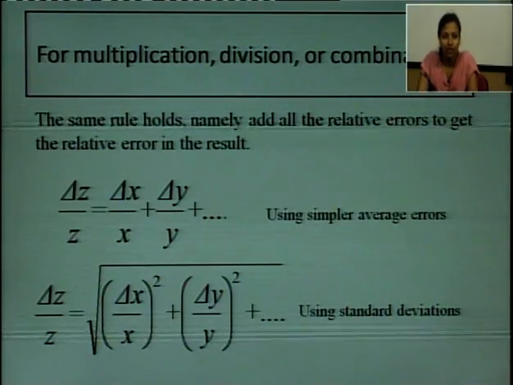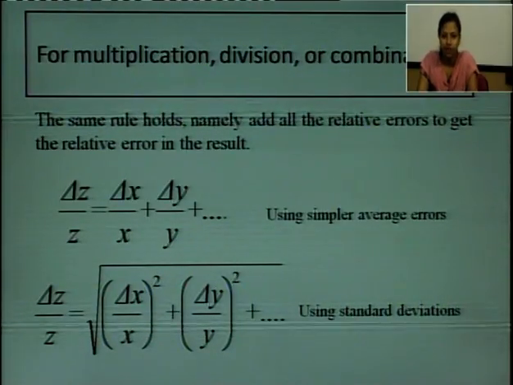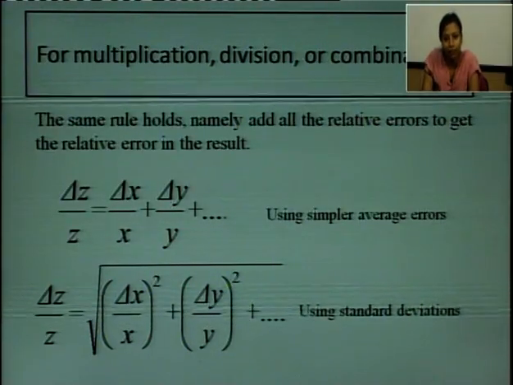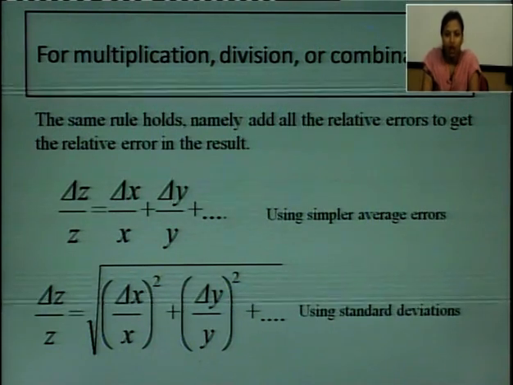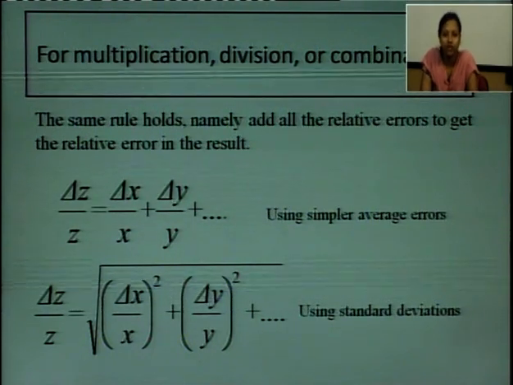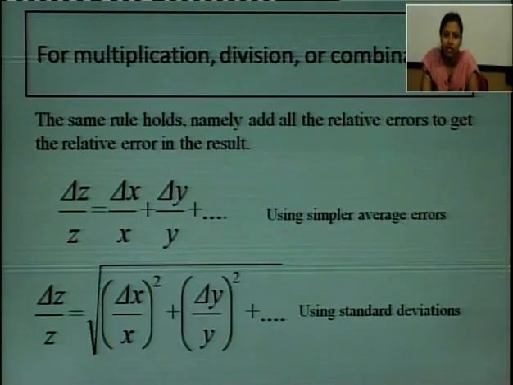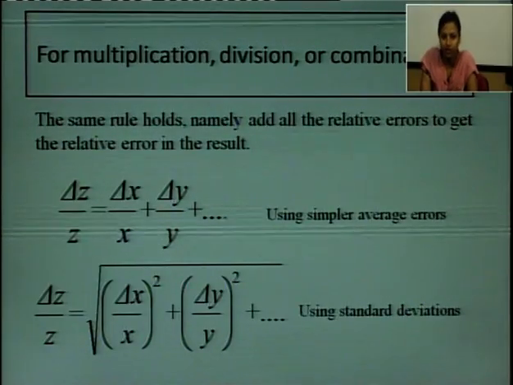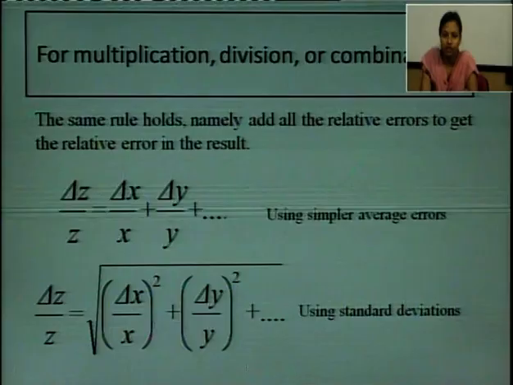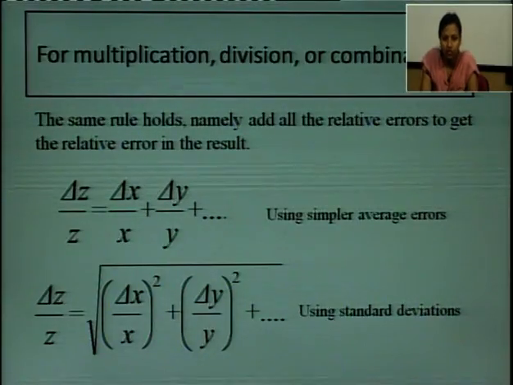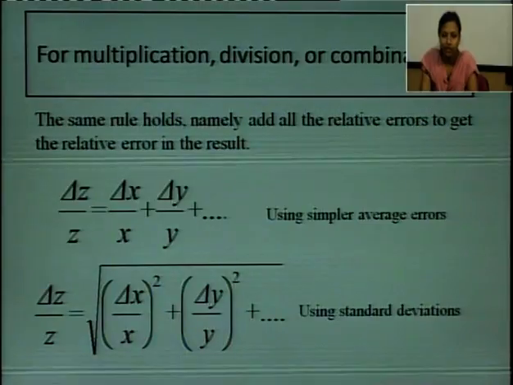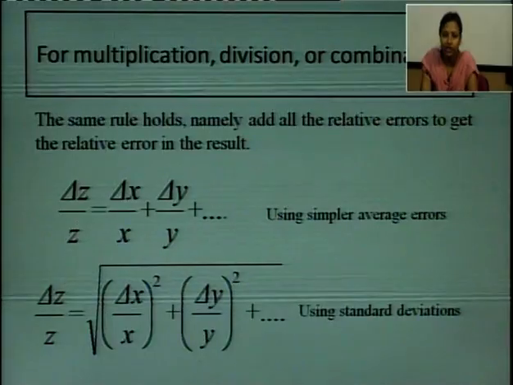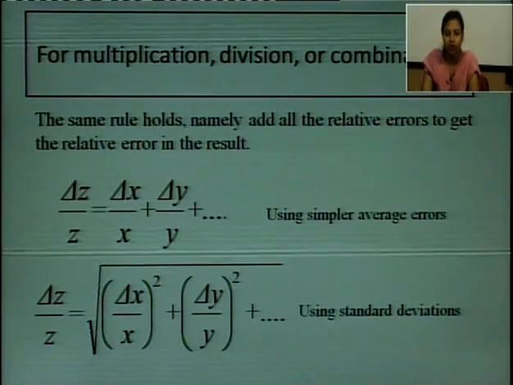It is a simple formula, delta Z upon Z is equal to the square root of delta X upon X whole square plus delta Y upon Y whole square and so on. We take the square of the relative uncertainty in the first quantity plus the square of the relative uncertainty in the second physical quantity, and so on, and then take the square root.